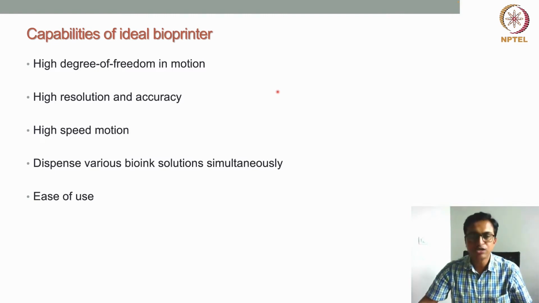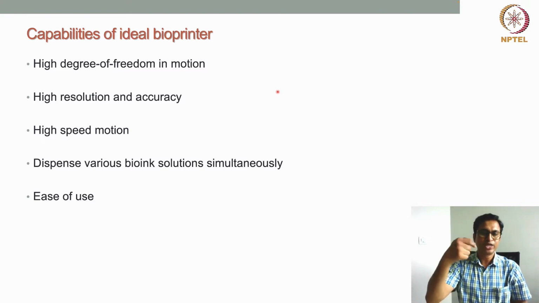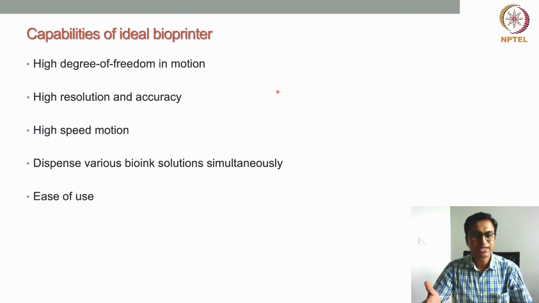So to print on a non-planar surface, a high degree of freedom of motion is very important. That is lacking in most bioprinters. They don't allow the print head to rotate or to move over a non-planar surface. So that is a requirement for an ideal bioprinter.